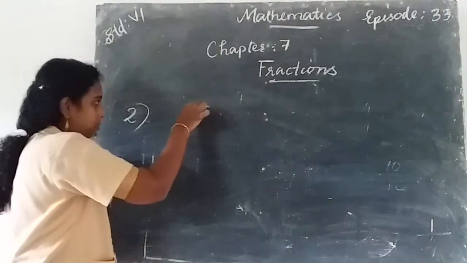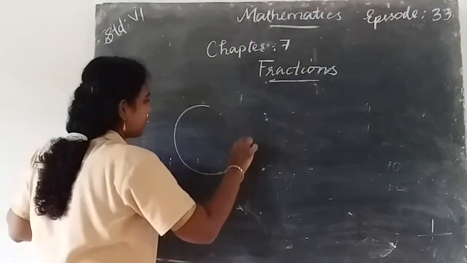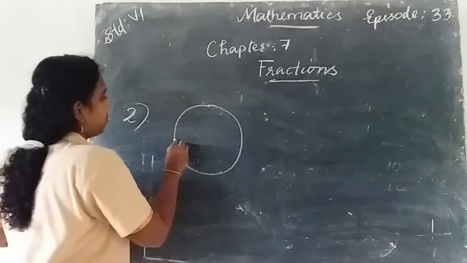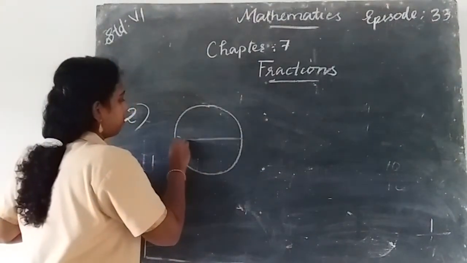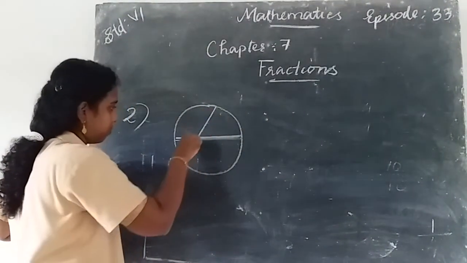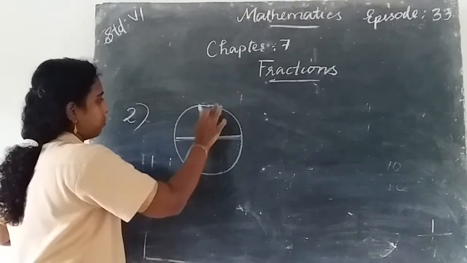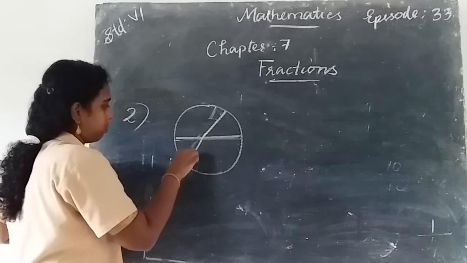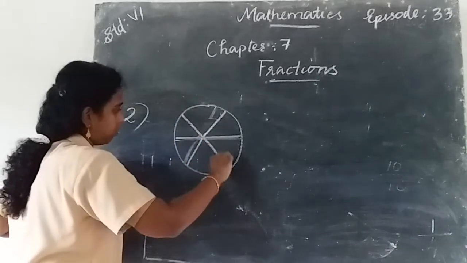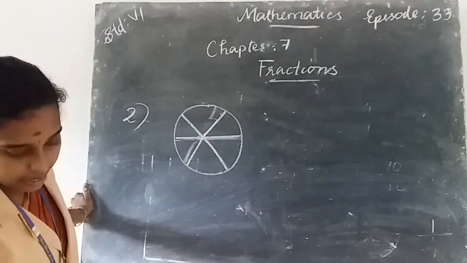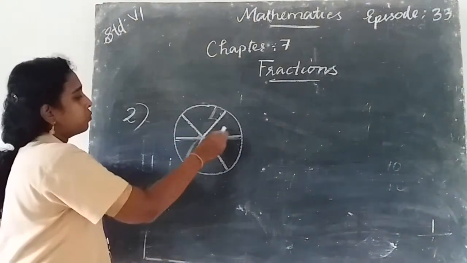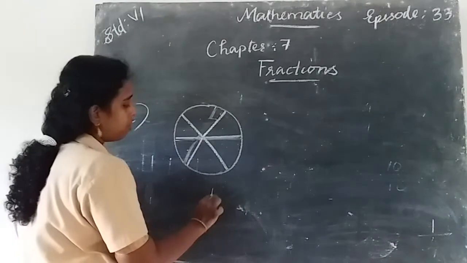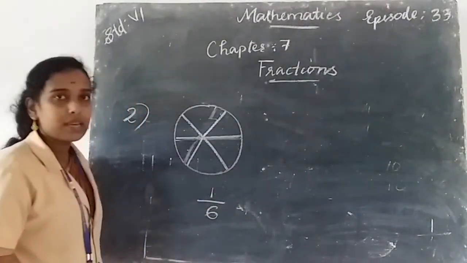So the first figure is like a circle, and the whole is divided into how many parts? 1, 2, 3, 4, 5, 6. 6 parts, and the given fraction is 1 by 6.